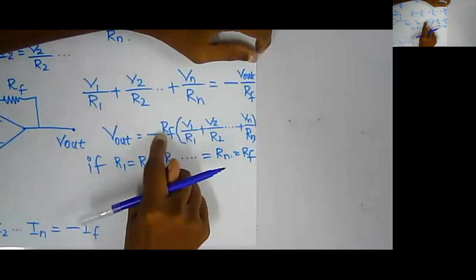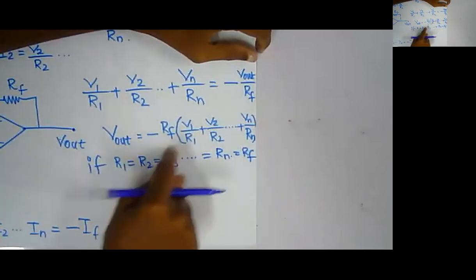So what I can do is, when I am multiplying each of them, Rf and R1 will get cancelled, R1 and R2, R1 and R3.